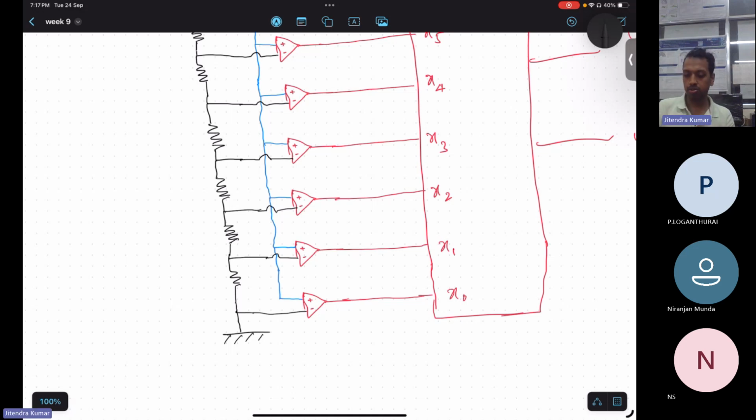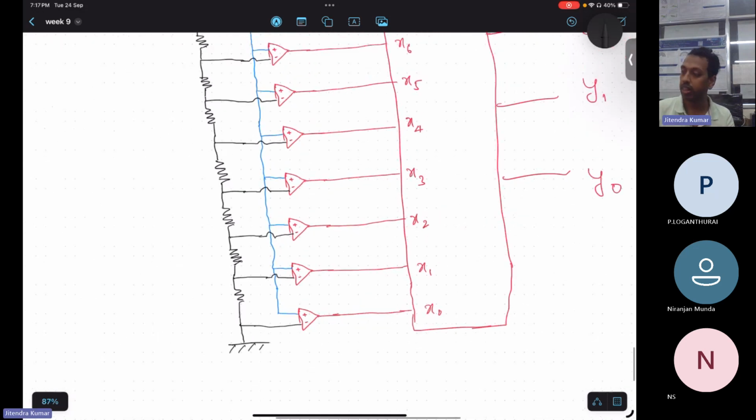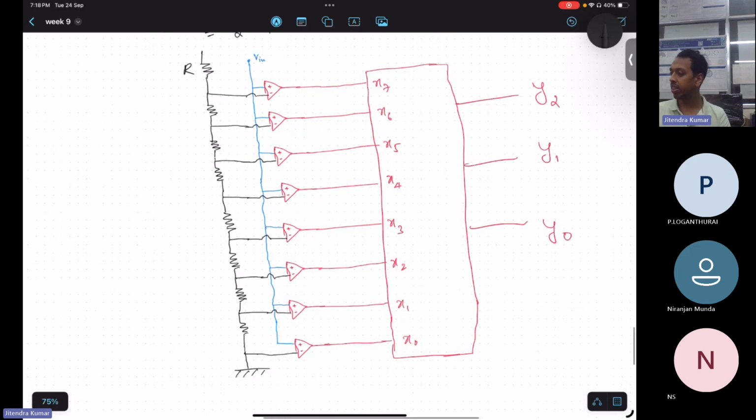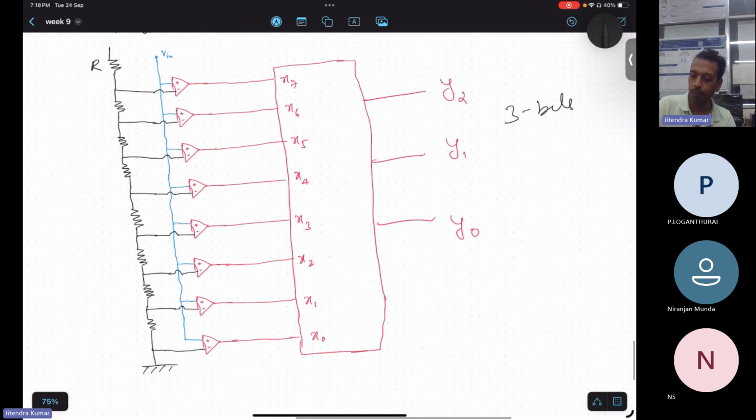If time permits at the end or in any lecture in between, we can discuss multiplexers and demultiplexers. For the time being, just take it from me that in these circuits we will have 8 inputs and 3 outputs. Since we have 3 bits, we are going to have this kind of output. The working and arrangement we will see in some other lecture.